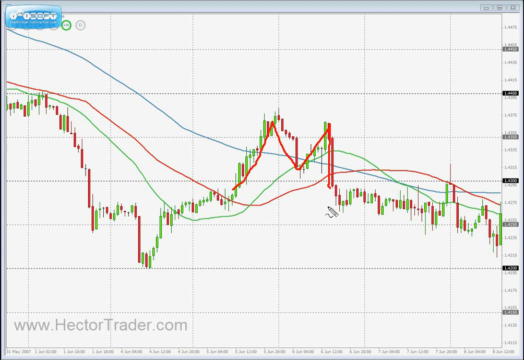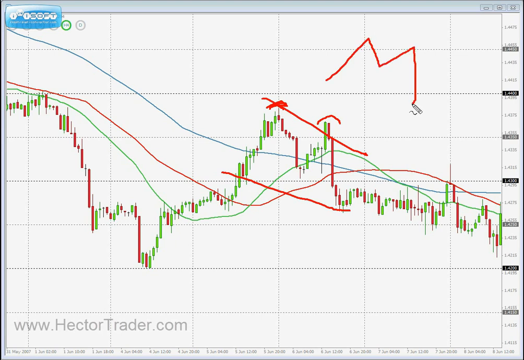So the bearish 1 to 3 formation is some sort of an M formation with the second half of the M not quite reaching the previous swing high, the first half of the M formation. It's basically a leaning M.